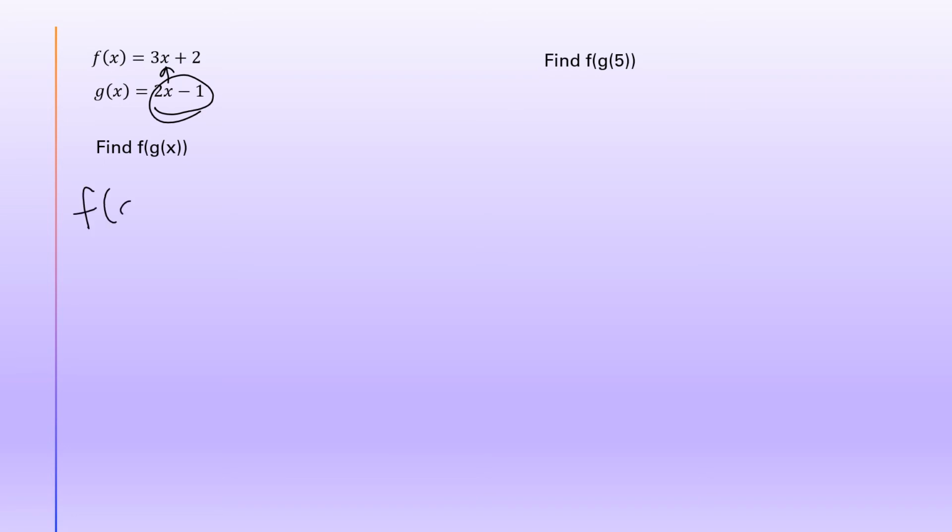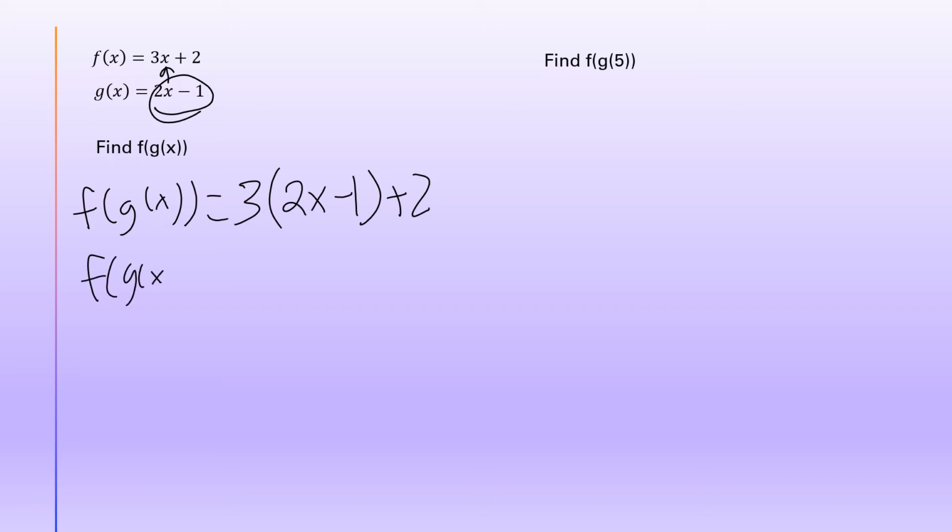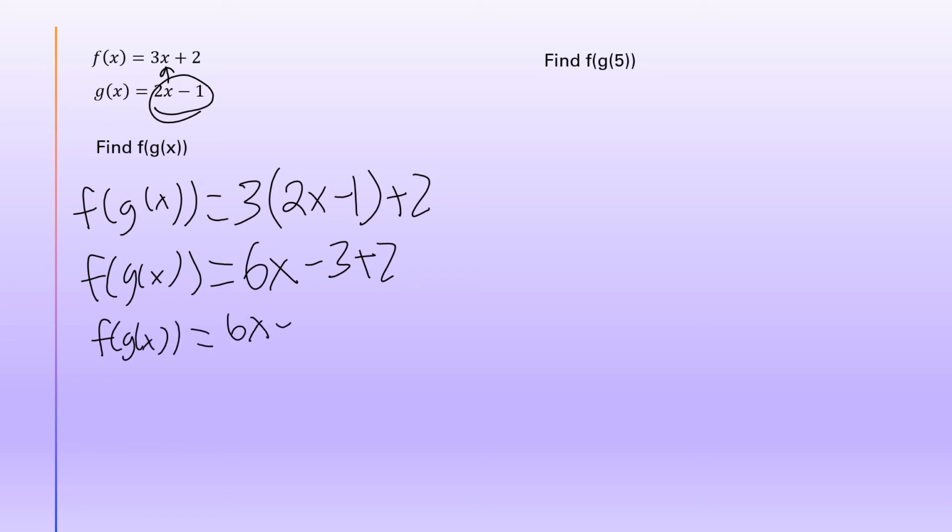So that gives us f of g of x equals 3 times, where the x is replaced by 2x minus 1, plus 2. If we simplify that, we get f of g of x equals 6x minus 3 plus 2. F of g of x equals 6x minus 1.